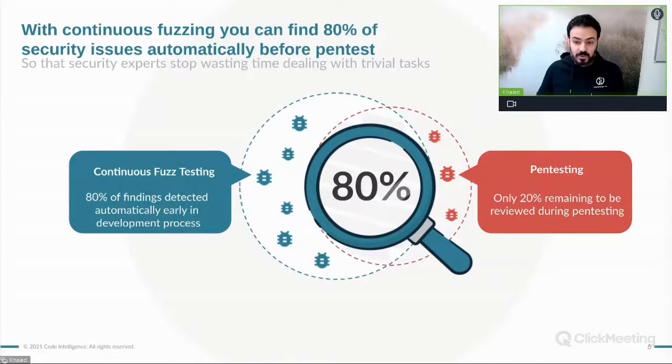Human intelligence is the most valuable but least scalable resource. And by freeing human analysts from dealing with all the bugs that fuzz testing or automation can find, they can focus on actually targeting the rest that cannot be found by automation.